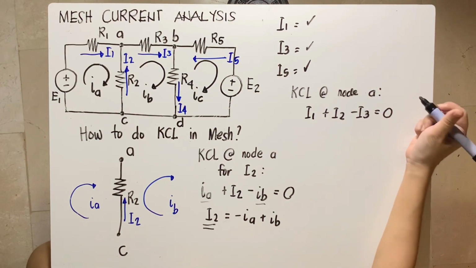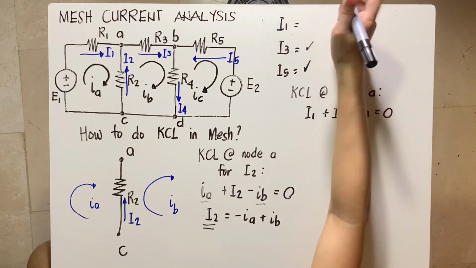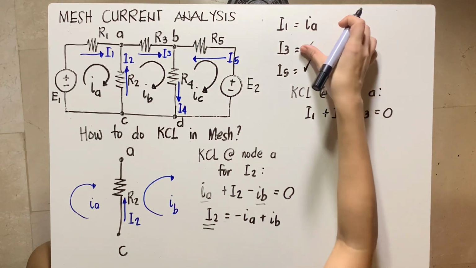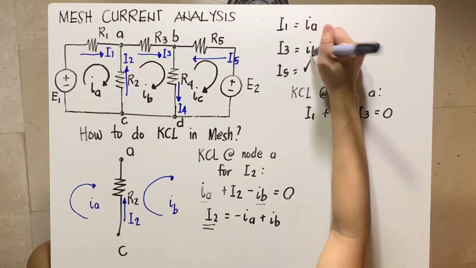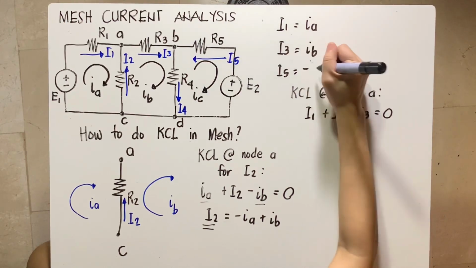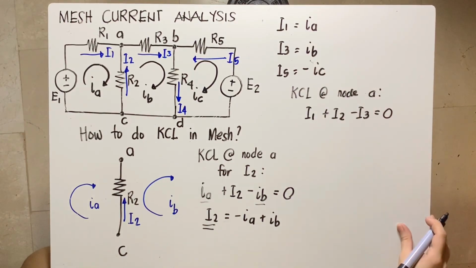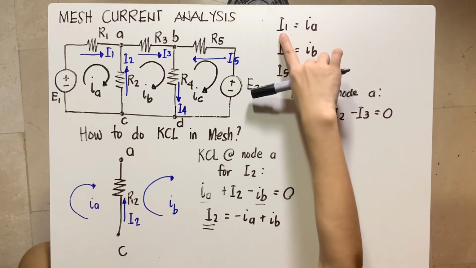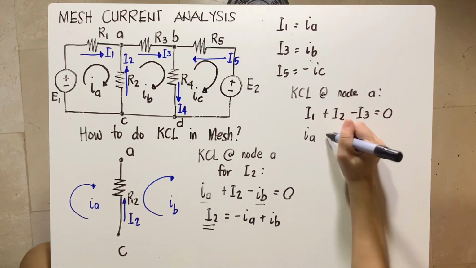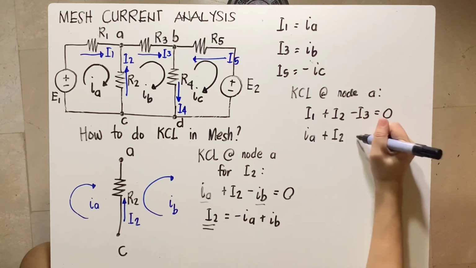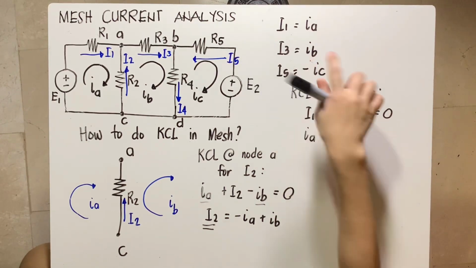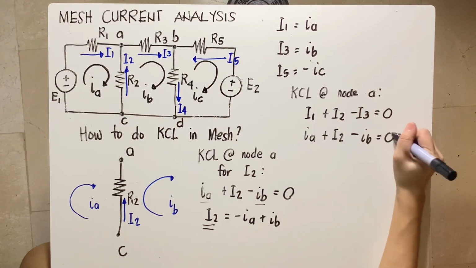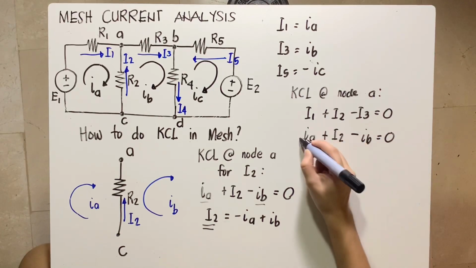Ano nga yung inspection natin kanina? Ang inspection natin kanina is I1 is equal to IA, I3 is equal to IB, and I5 is equivalent to negative IC. Okay. Try natin i-substitute. If I replace I1 with IA, plus I cannot replace anything with I2, minus I3 palitan ko ng IB, equate that to 0, lalabas pa rin itong equation na to.